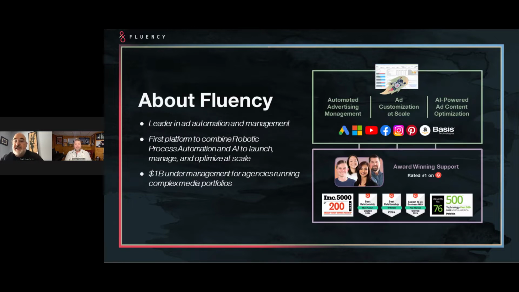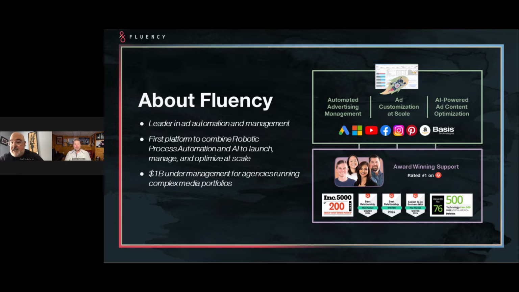So let's start off with a quick little introduction about Fluency. For those of you that don't know, the point of today is passing on a little bit of information that we've collected over our 20 years working inside of the digital marketing world, as well as our experience working with the Fluency platform and building it along the way.